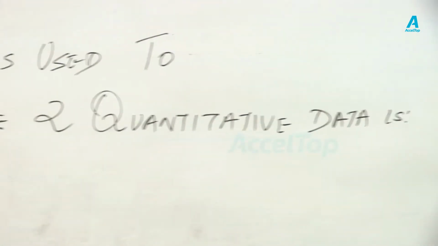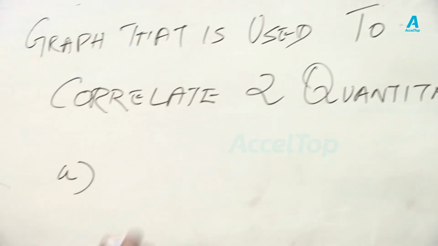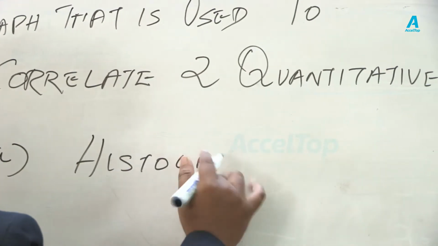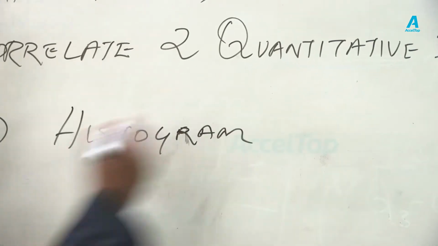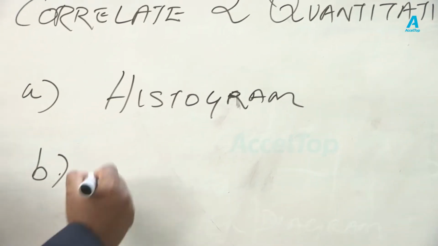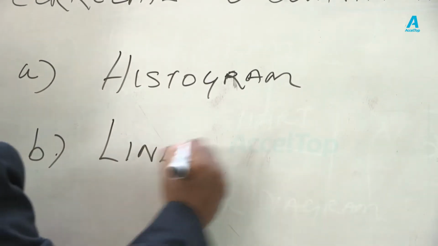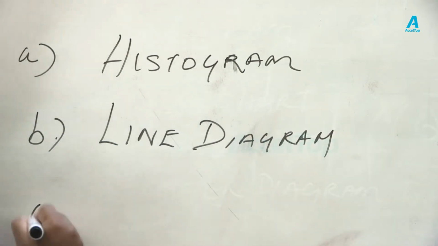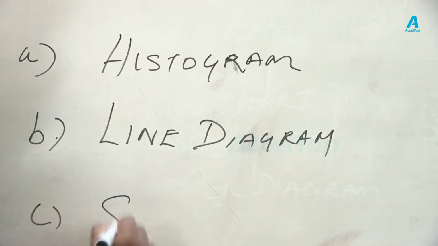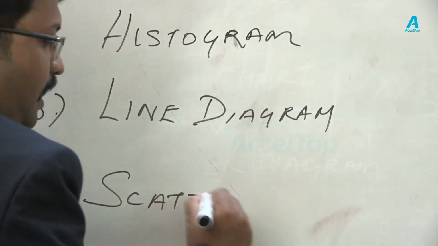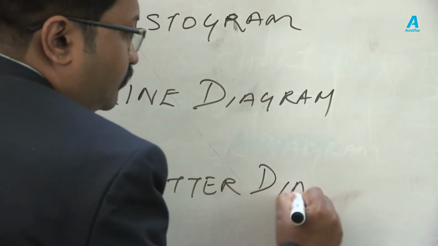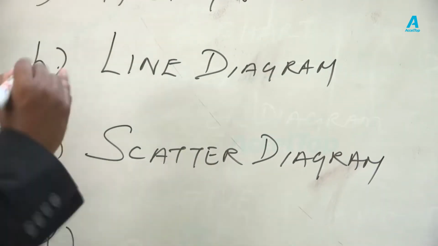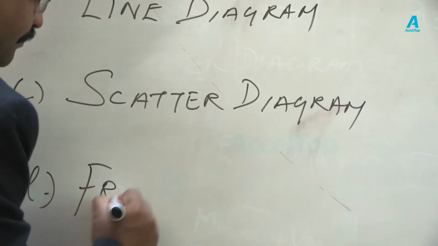Is option A, histogram, option B, line diagram, option C, scatter diagram, and option D, frequency curve.